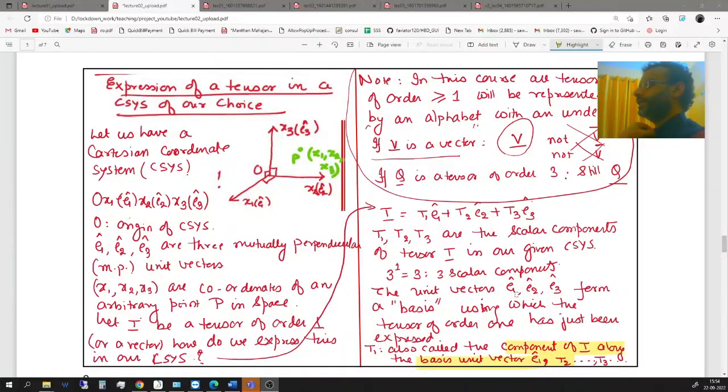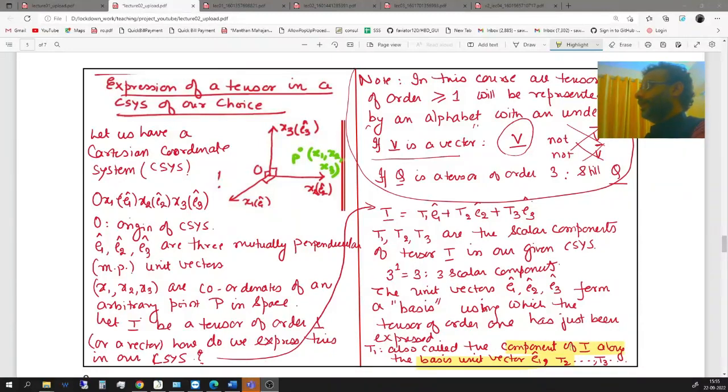The unit vectors E1, E2, and E3, we say that they form a basis using which the tensor of order 1 has just been expressed here. As far as these components T1, T2, and T3 are concerned, I can call T1 the component of T along the basis unit vector E1.